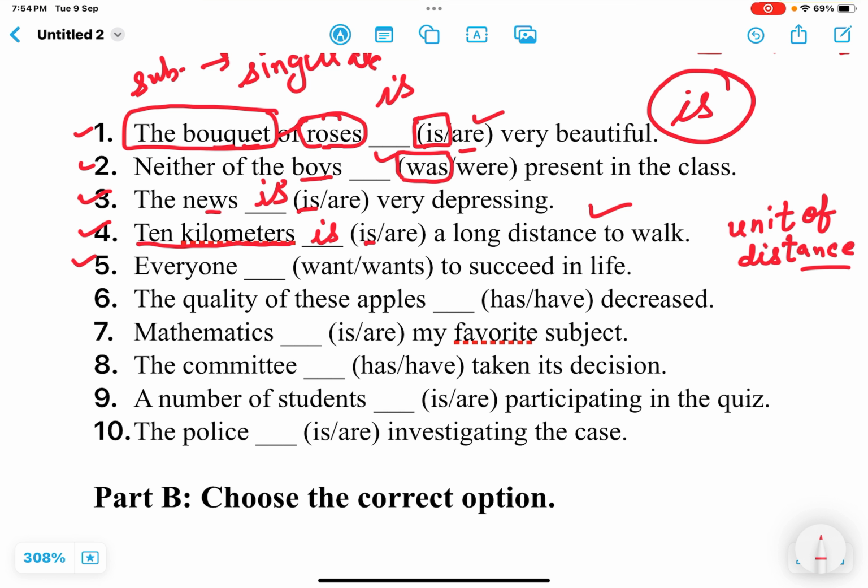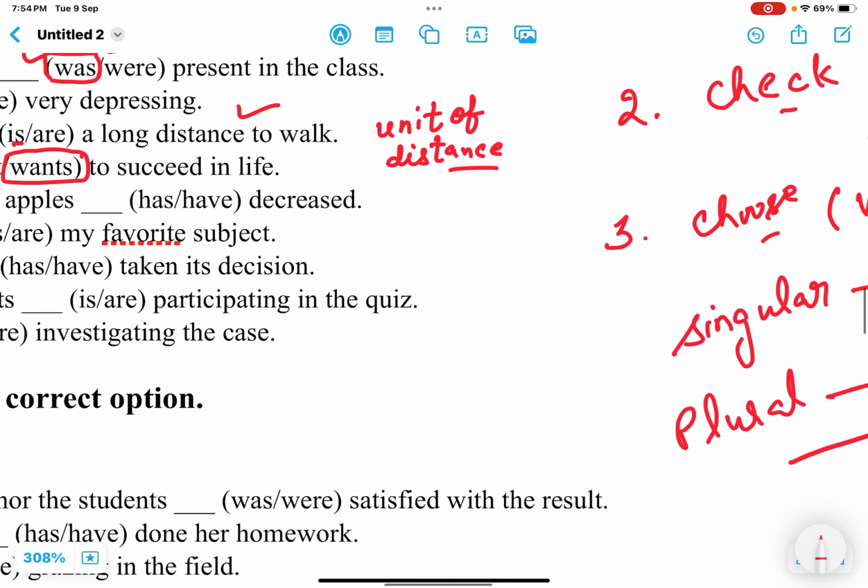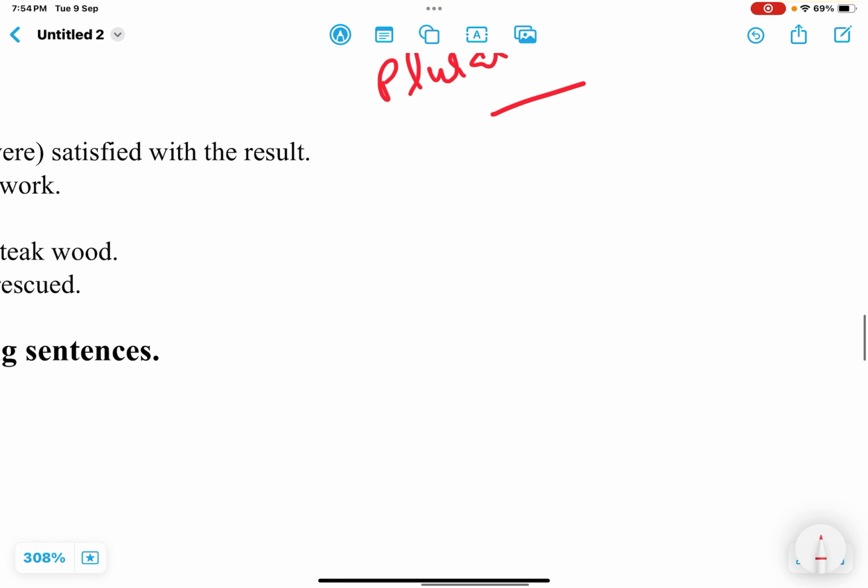Is. Next one, everyone. When a sentence begins with each or every, then also the subject is singular. So everyone wants to succeed in life. Want is a plural verb and wants is a singular verb. Suppose we have a box, how will we make the plural of box? Boxes.